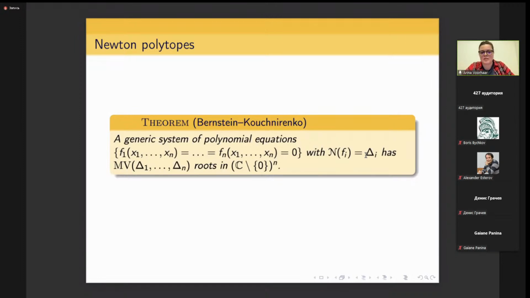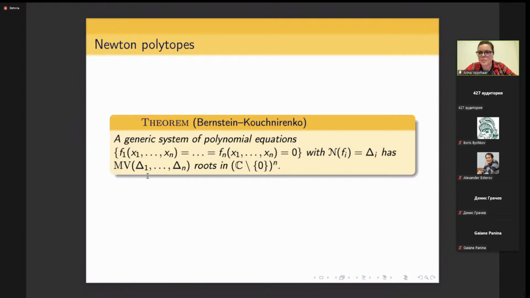Provided that the coefficients of these polynomials are in somewhat general position, which I will explain slightly later, and for now think of it as picking randomly polynomials with complex coefficients that have the right Newton polytopes, and you want to compute their number of roots. Then for the corresponding system of equations in the n-dimensional algebraic torus, the number of these roots is going to be the mixed volume of your polytopes Delta_1, ..., Delta_n.